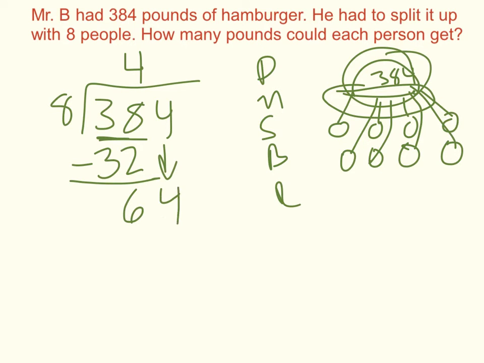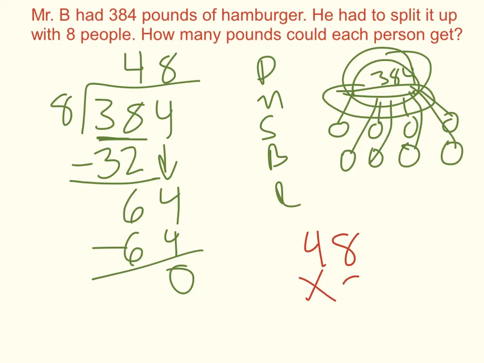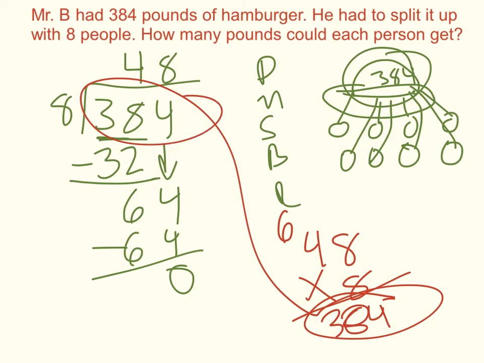Bring down my 4. 8 can go into 64 8 times. 8 times 8 is 64. 0. Now I need to check this. 48 times 8. 8 times 8 is 64. 8 times 4 is 32, plus 6, 38. So those match, so I knew it.